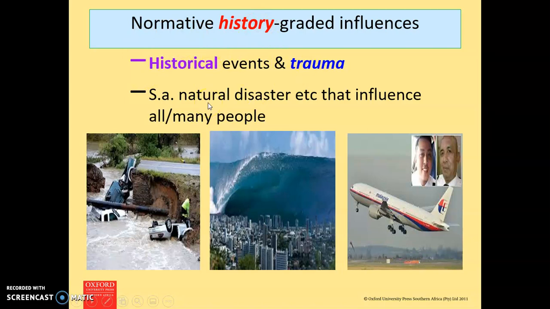For example, a natural disaster can influence many or all people. At the moment we are having COVID-19, we have to be in the house. This can become a history while we develop; we experience this thing as we increase in age. This is considered historical, or can be traumatic for certain people.